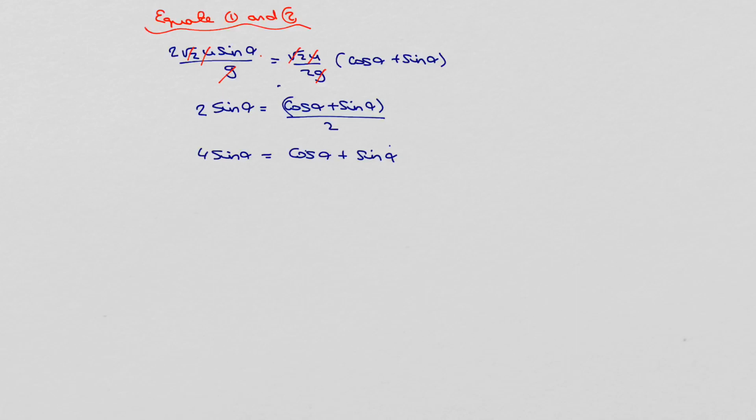Bring over the sine, and that gives me 3 sine alpha equals cos alpha. Now, of course, if I divide both sides by cos alpha, that gives me 3 sine alpha over cos alpha is equal to 1. And what's sine over cos? Well, it's tan.